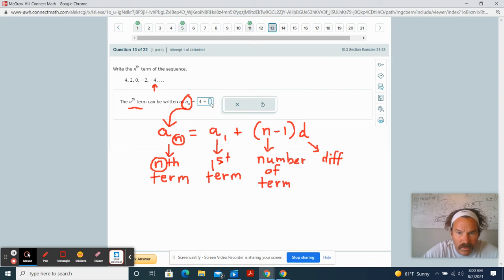Maybe it's my keyboard. Let me see. Well, what's the common difference? It's -2, so it's going to be -2. Put this in. Maybe you want to put a -2 in first. So -2 parentheses. No, it's not putting the parentheses in.